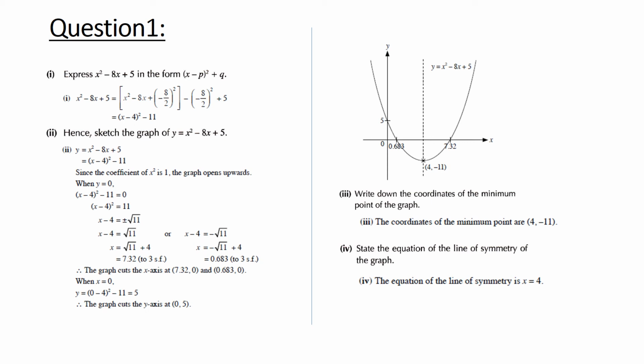From here, you will get two values of x, that is x equals 7.32 and 0.683. It means the graph cuts the x-axis at (7.32, 0) and (0.683, 0).